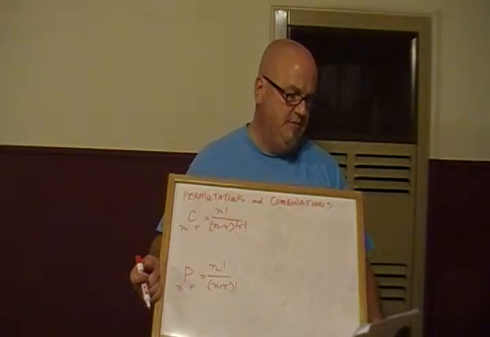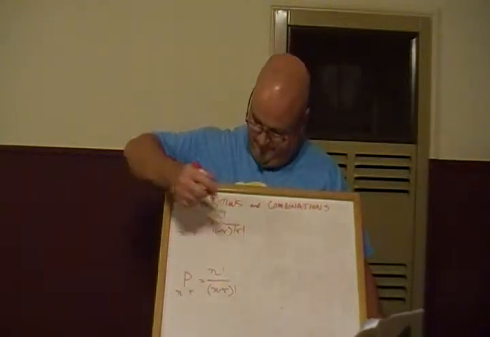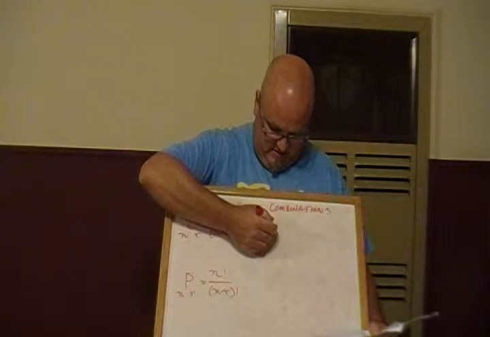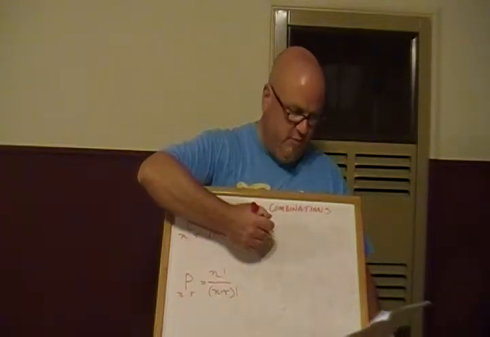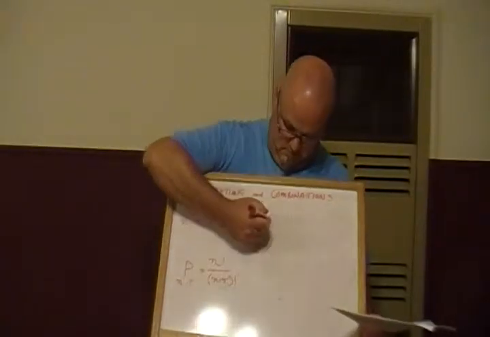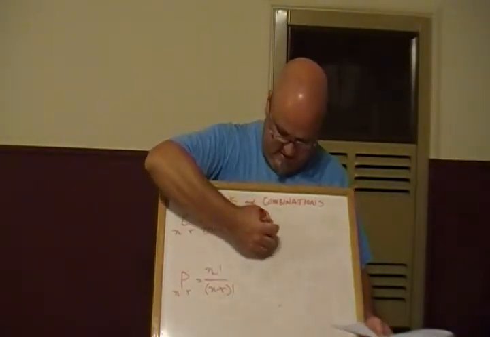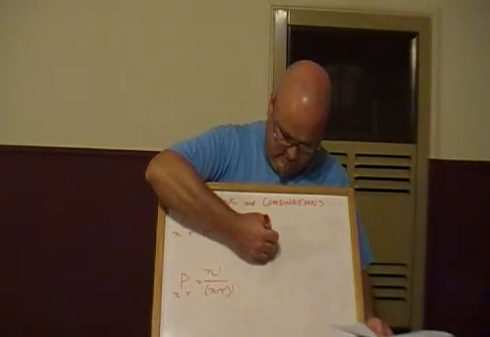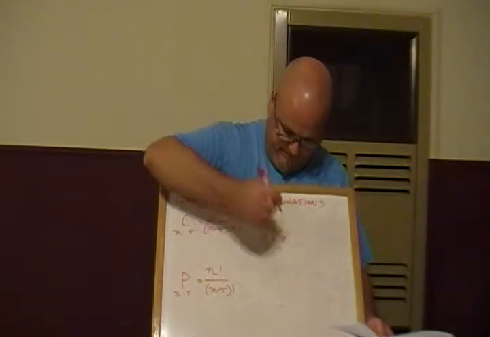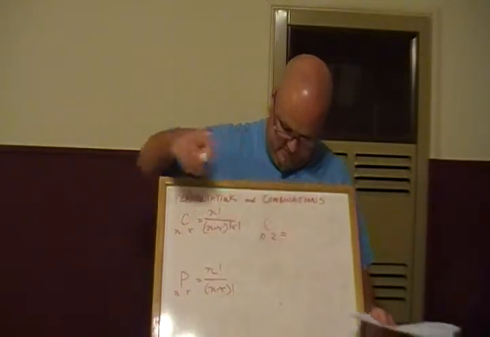Suppose we have a class of 10 students and we want to select 2 reps for the student government. So that's going to be, how many different ways can we select 2 representatives from a class of 10? We write it this way: combination of 10 things, chosen 2 at a time.